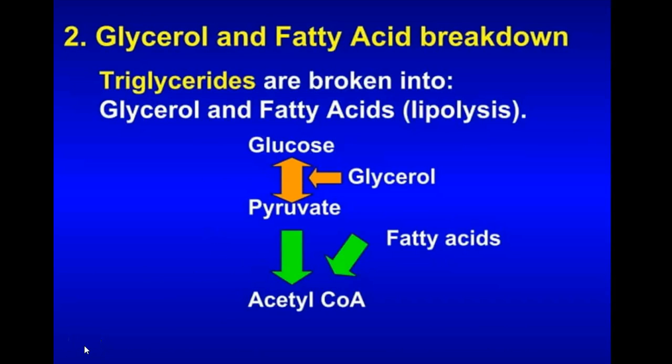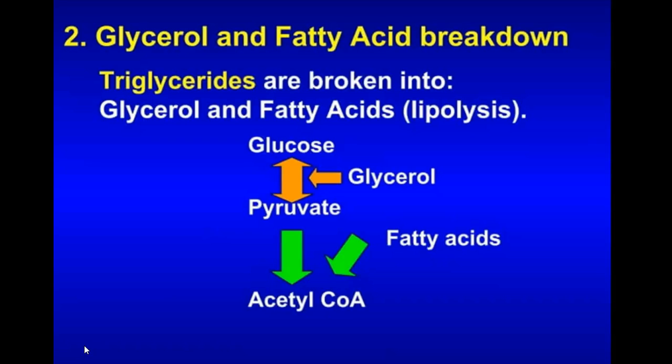Now in this, one triglyceride is broken into one glycerol and three fatty acids during a hydrolytic reaction that is catalyzed by the enzyme lipase. In this, the glycerol and the fatty acids will move to the small intestine so that they can be absorbed into the blood circulation.